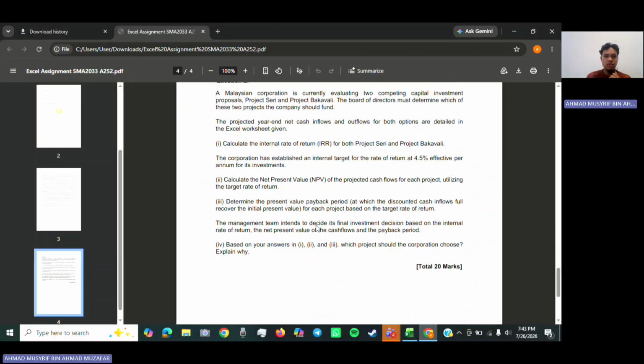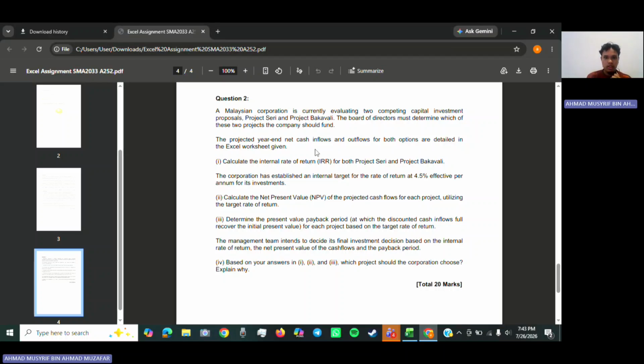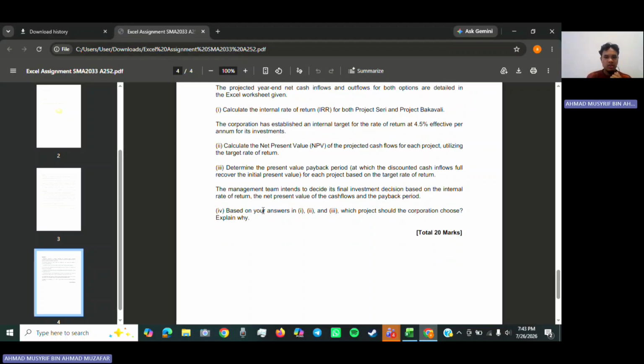So next is the second question. For this question, we need to calculate the internal rate of return, calculate the net present value, and determine the present value payback period at which discounted cash inflow fully recovers the additional present value. Based on my answer, which project should the corporation choose?